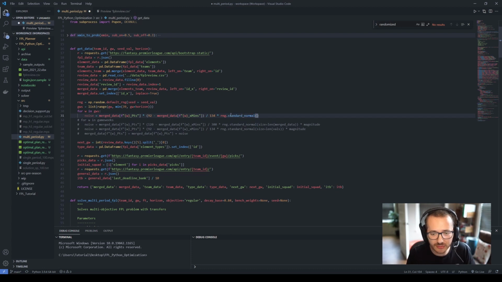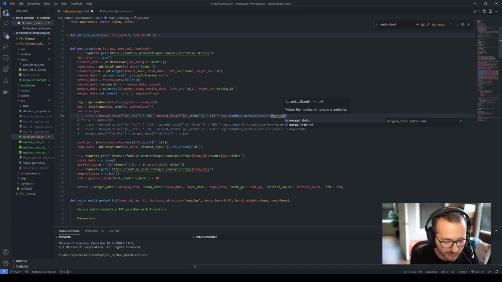Though we need to give a size. Otherwise, you will generate a single number, and then you will use it for the entire column, which is not what we want. We want to generate random numbers for every row separately. So I will say size is equal to len, and this is the size of merge data.